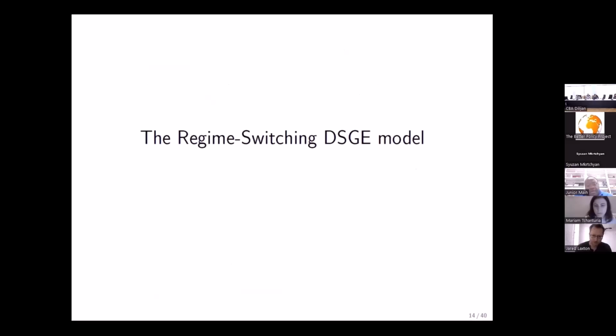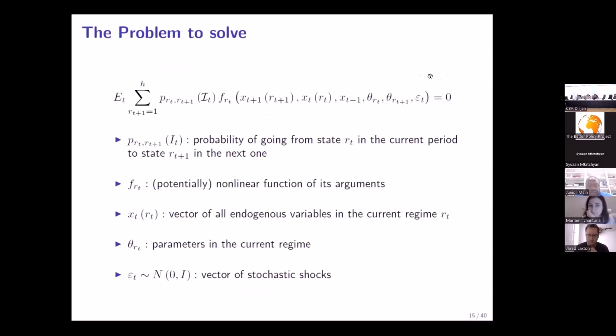Okay, now let's talk about the regime switching DSGE model. The regime switching DSGE model is this system, the top equation that you see there. P(R_t, R_{t+1}) is the probability of going from a regime R_t today to a regime R_{t+1} tomorrow, and that probability is potentially a function of the information that we have up to time t.